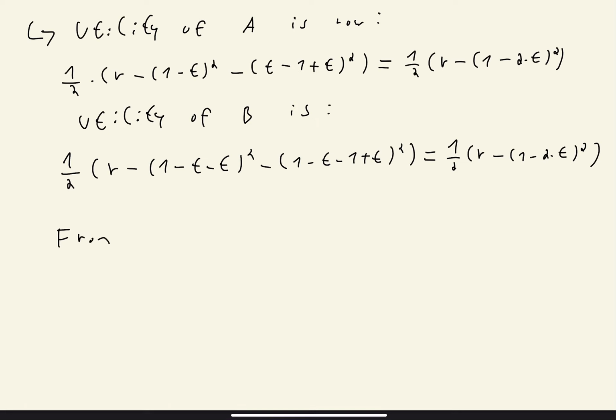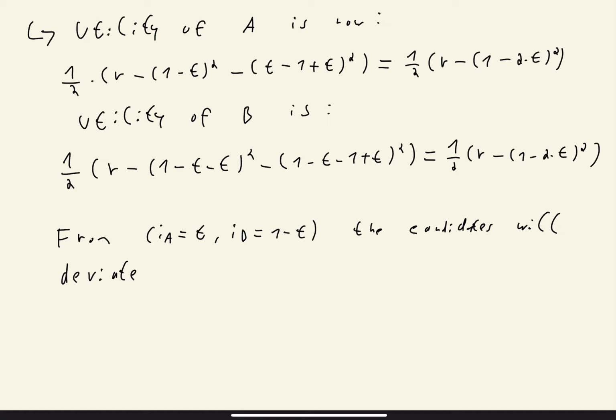From IA equal to t and IB being equal to 1 minus t, the candidates will deviate, which will end up in I star equal to 1/2, 1/2.